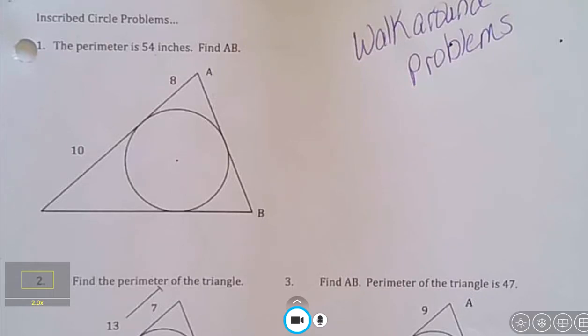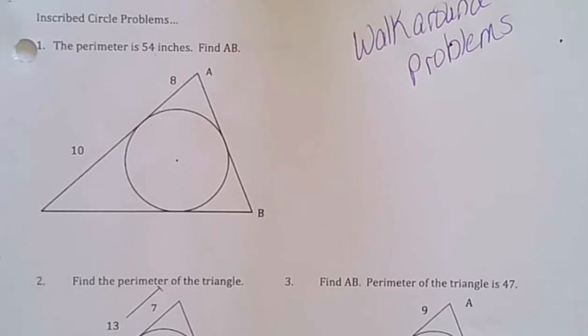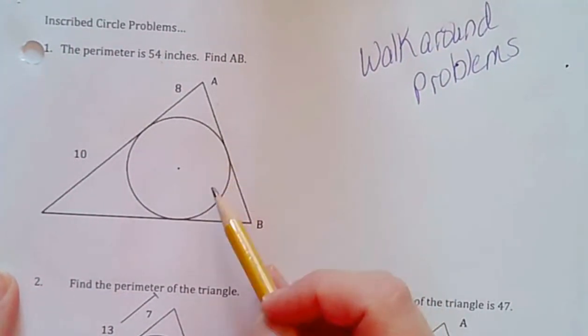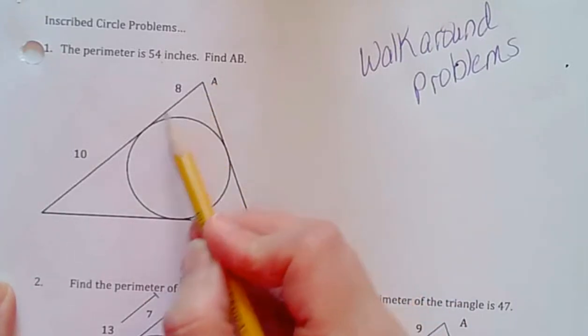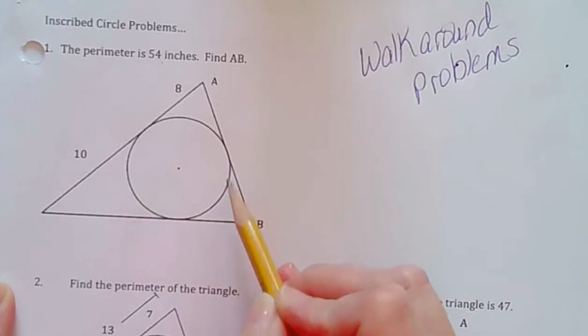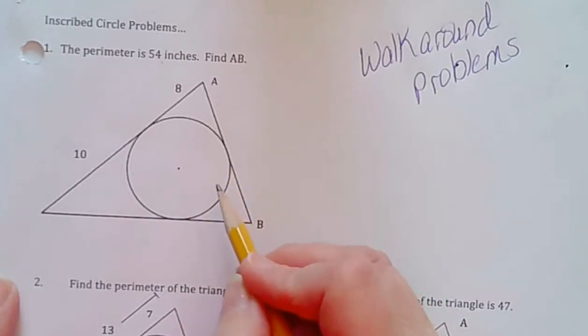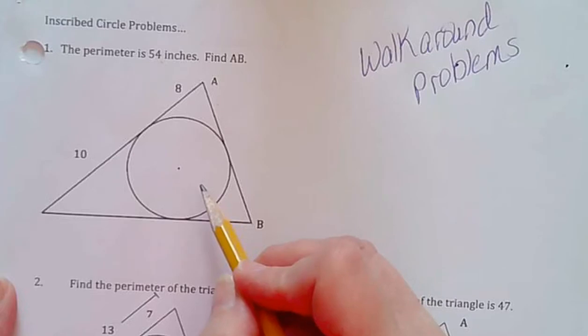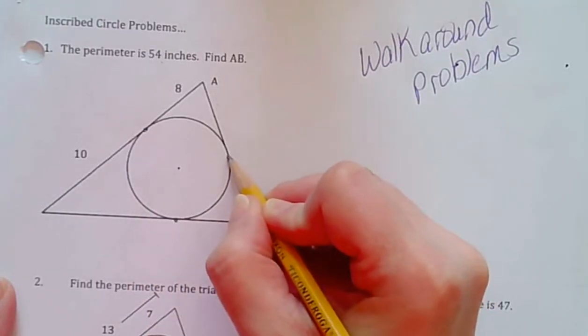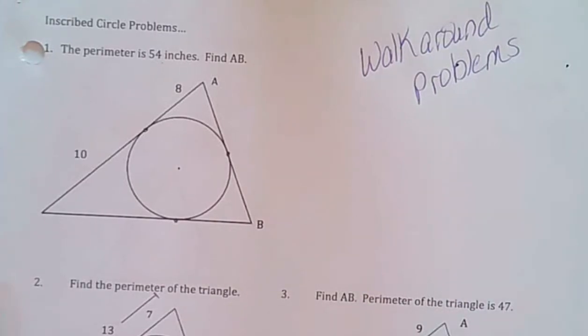The last major thing that we're going to do with tangent problems are these walk-around problems. The walk-around problems have to do with a triangle that has this circle inscribed in it. If the circle is inscribed, then it's inside the triangle, and that also means that it is tangent to each of the three sides of the triangle.